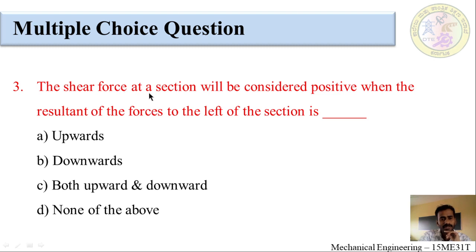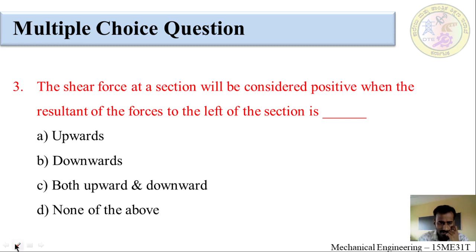For the third question, the shear force at a section will be considered positive when the resultant of the forces to the left of the section is upward. We have to take it as upward according to the sign convention.